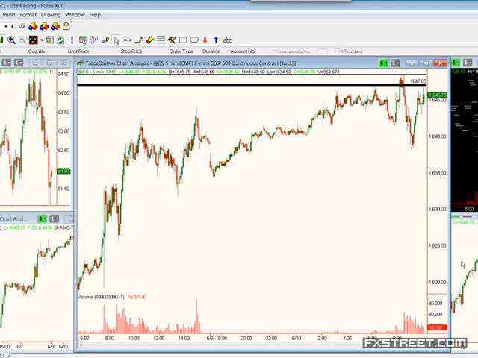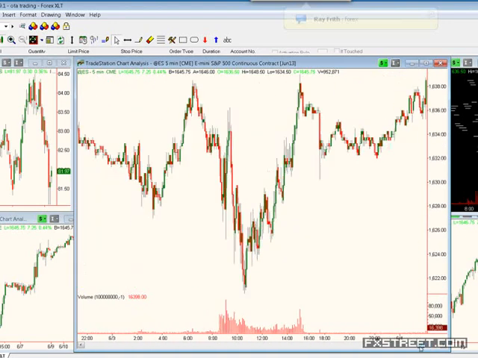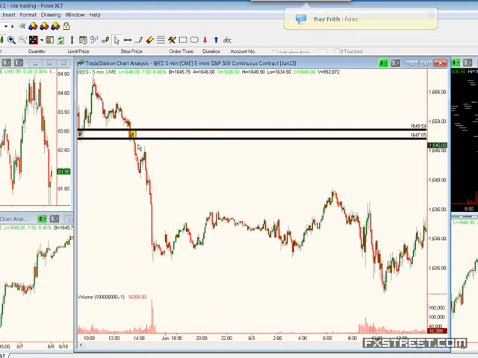Bob asks, why does price always go back to the level? This level represents significant supply. Whoever was selling here, did they fill all the orders they had to fill?